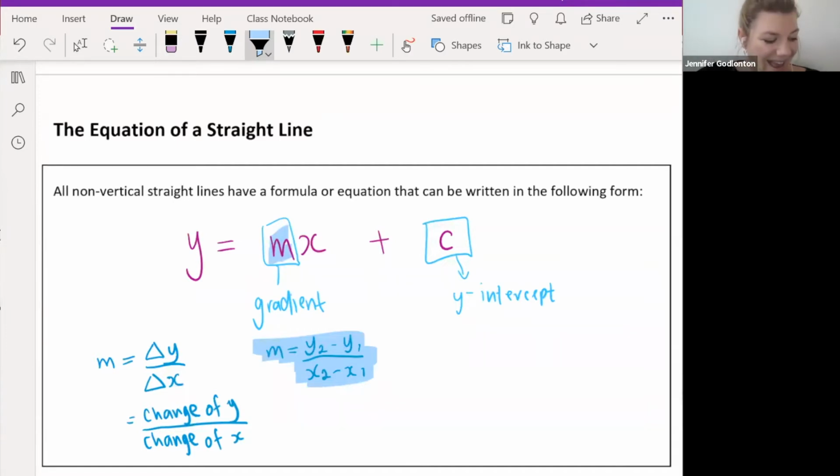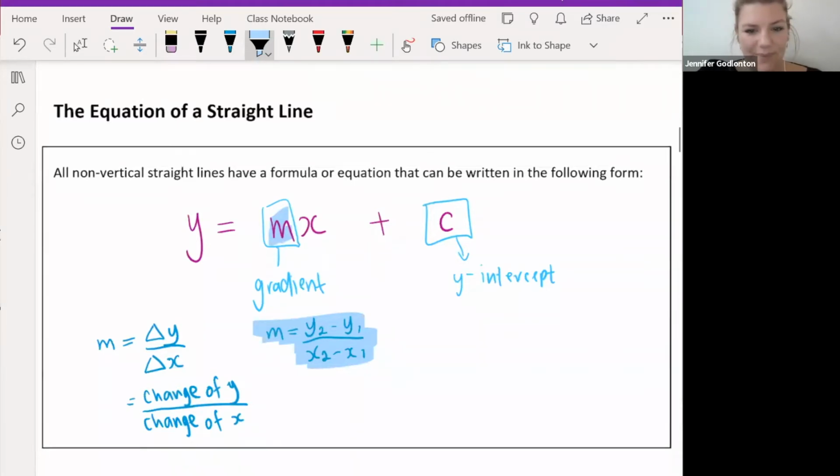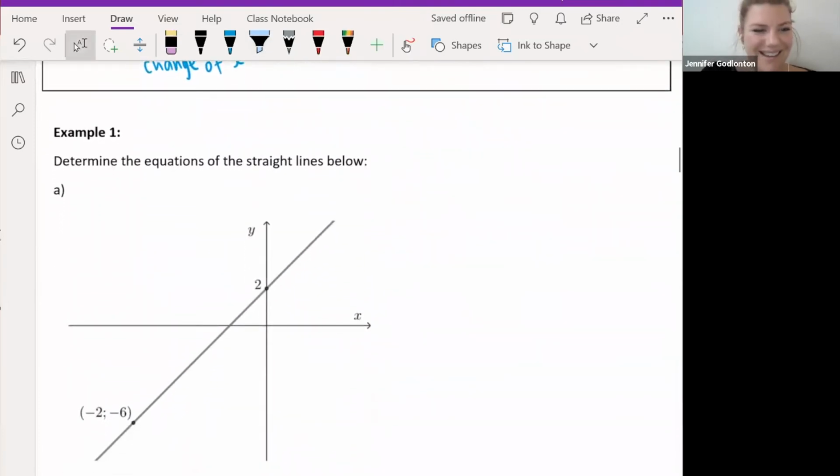Take the screenshots. If anyone is not understanding what you're seeing on the screen, please just let me know. Let's jump right in. Yep, people got this.